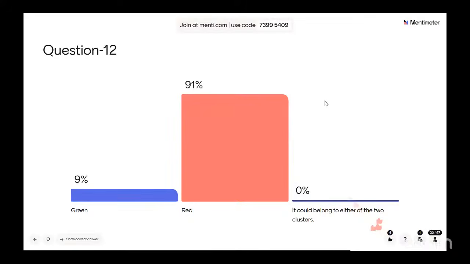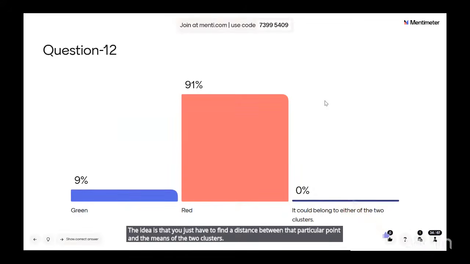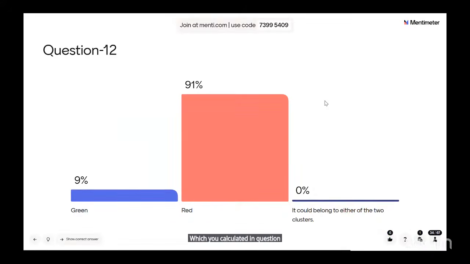The idea is that you just have to find the distance between that particular point and the means of the two clusters, which you calculated in question 10 and question 11. Yes, Arohi.